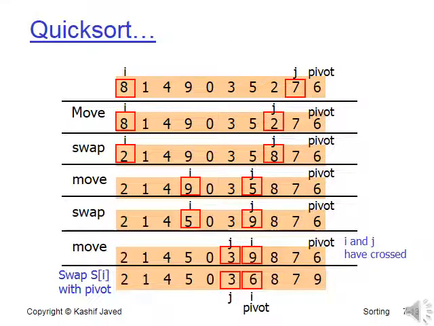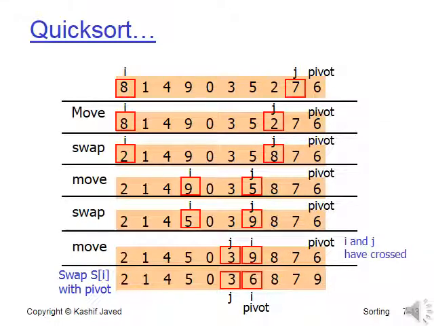The first element of index i is 8, which is greater than the pivot, and it will be grabbed for swapping. Index j's first element is 7, which is greater than 6. Index j will move to the next element, which is 2. Since 2 is less than 6, it will be swapped with 8. 8 takes the place of 2, and 2 takes the place of 8.